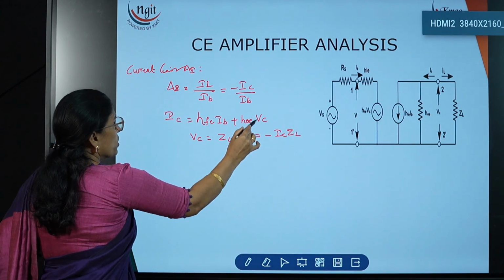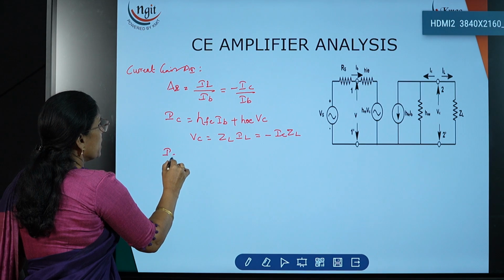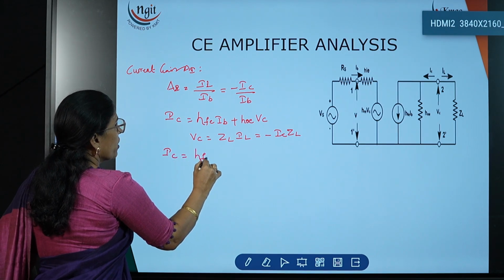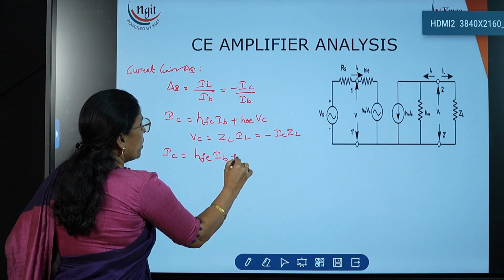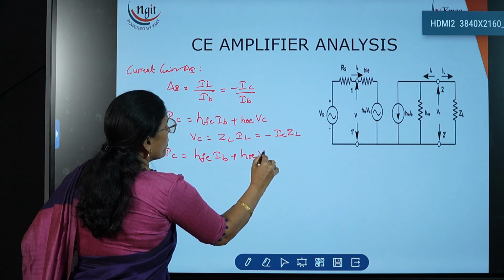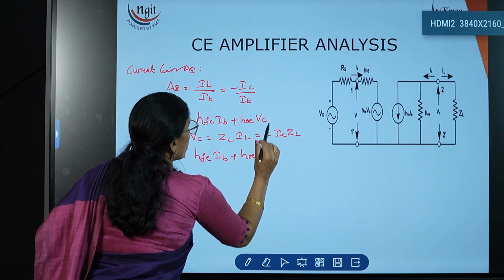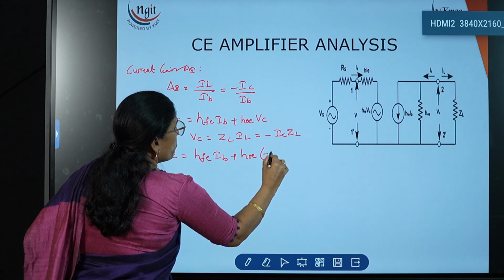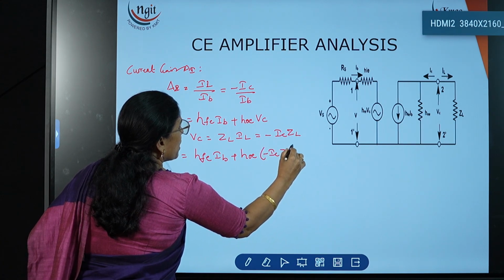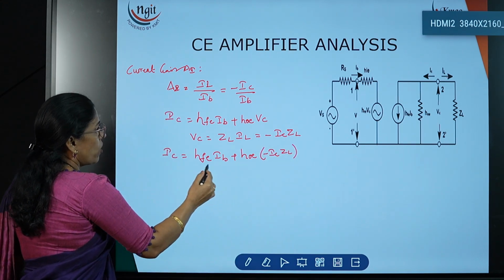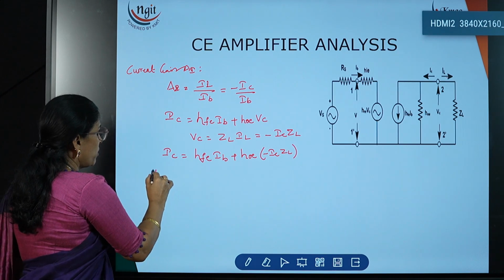So if I substitute this expression, IC is equal to HFE IB plus HOE, and instead of VC we have to put minus IC ZL. Now I am writing all IC terms together, taking IC out.